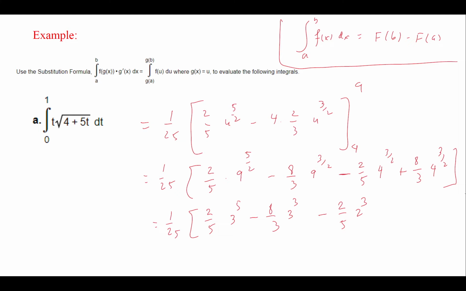This is again the square root of 4, which is 2 to the power 3. Okay, now we do the simple calculation here. Just use your calculator, and eventually you are going to get 506 divided by 375. That's the value.